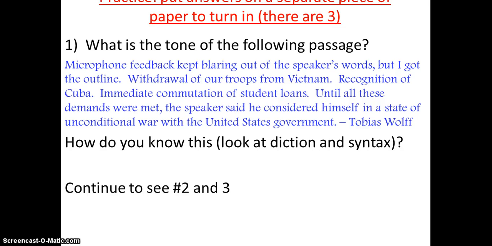And with this practice, put the answers on a separate piece of paper to turn in. So there are 3 questions. And again, with this, your teacher may ask you to turn this in or maybe not. But if they ask you to turn it in, just put this on a separate piece of paper. So once again, since this is your practice, make sure that you hit pause, answer question number 1, then hit play and try question number 2.